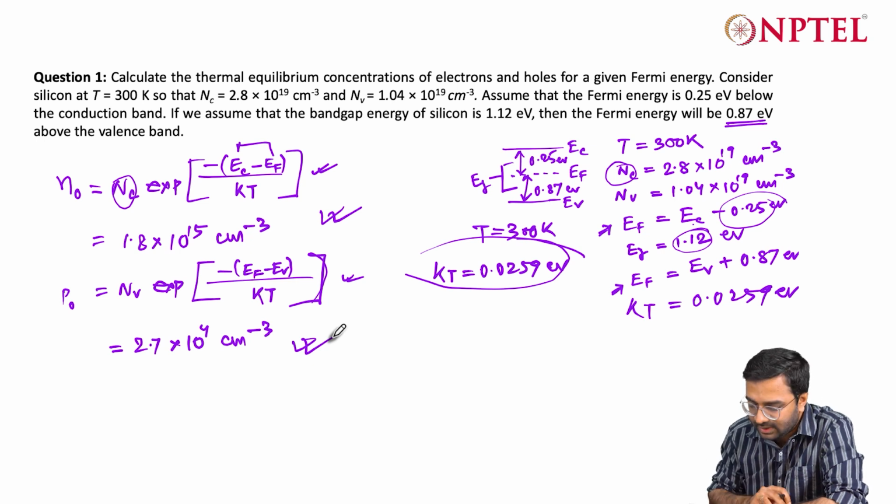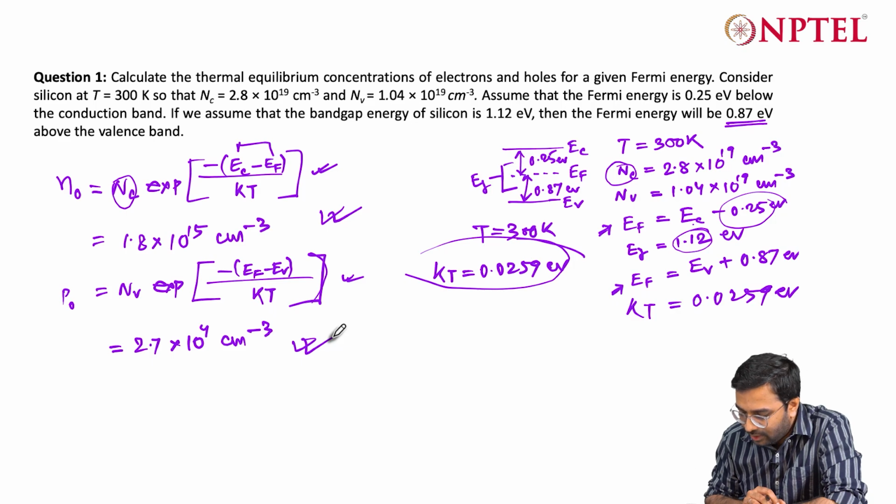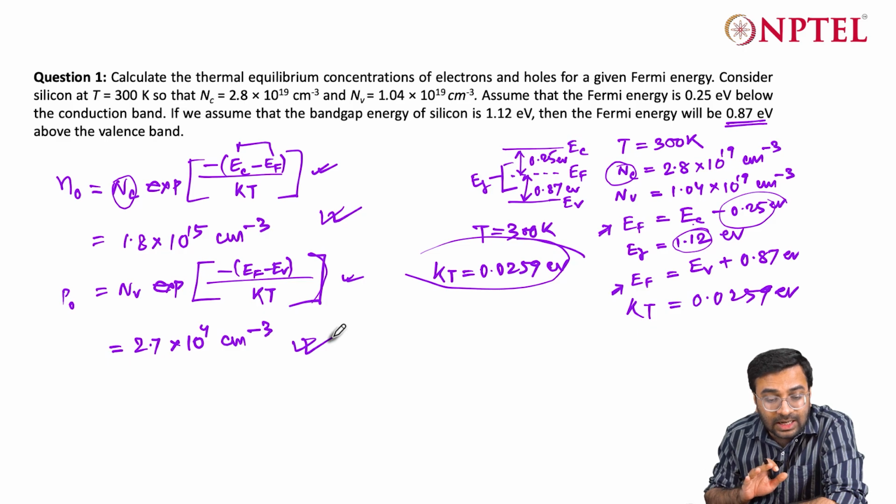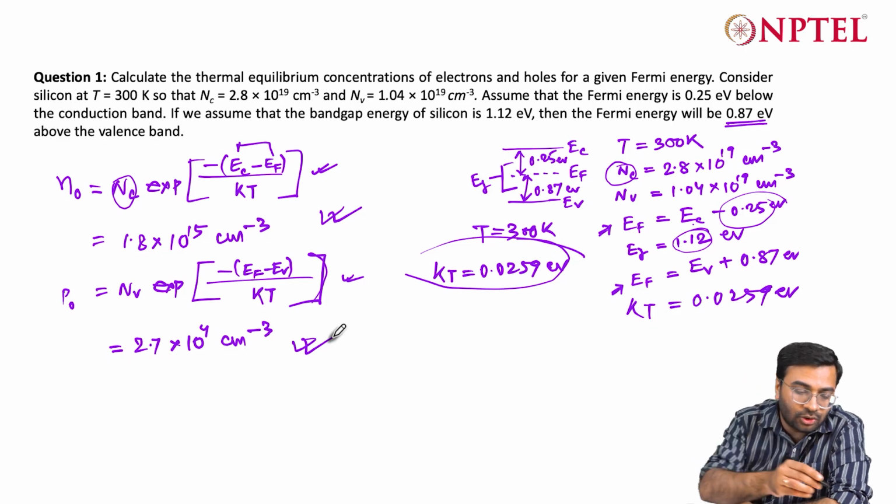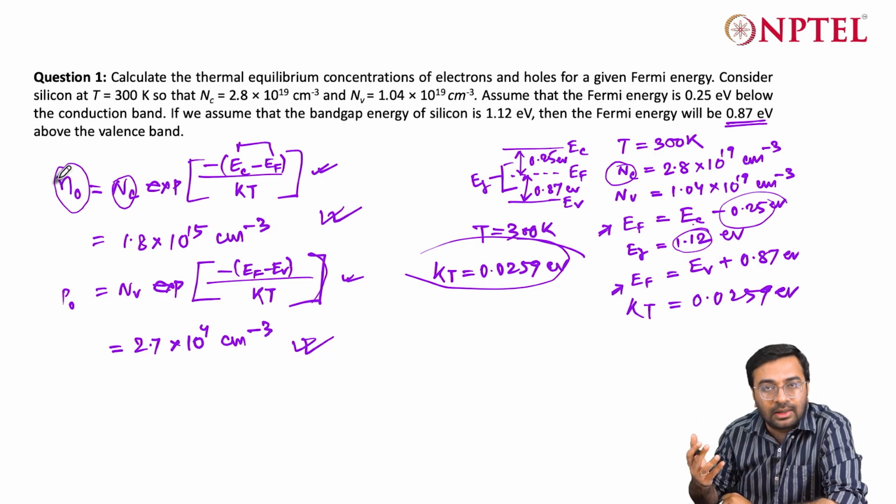So, from here itself it is very clear that the equilibrium concentration of electrons is much higher than the equilibrium concentration of holes. So, this is an N-type semiconductor, because electron concentration is higher in the material compared to holes.